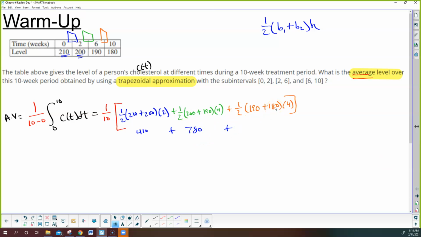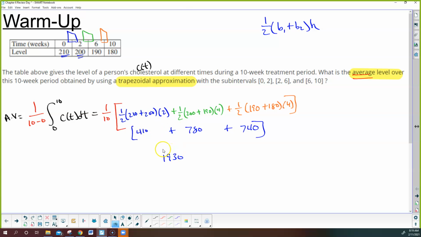And then same thing here. Okay, and now once I add all that up, we end up with the total amount.